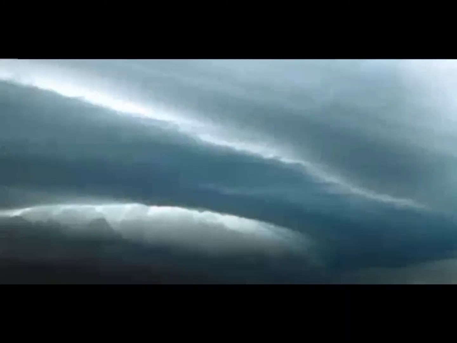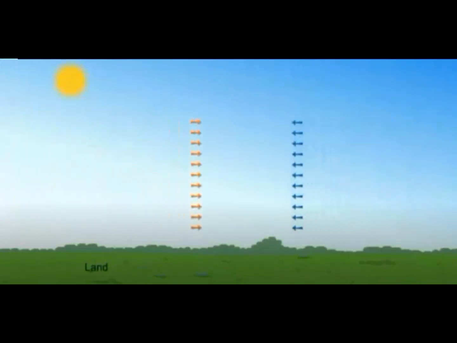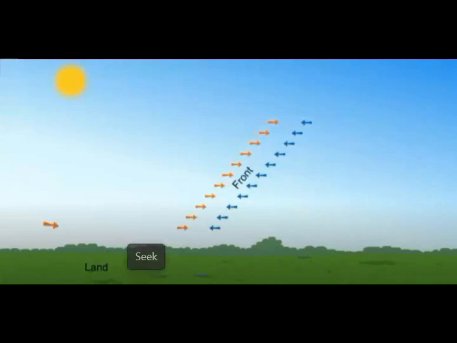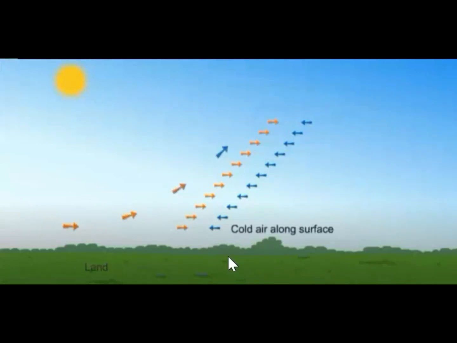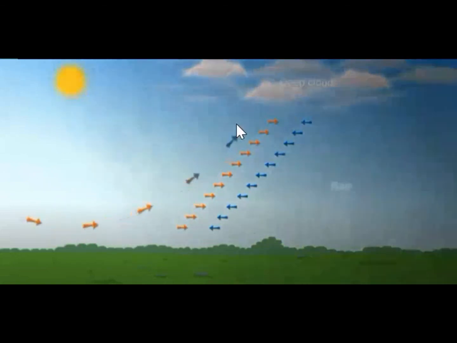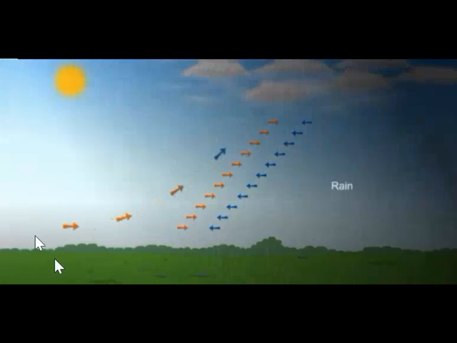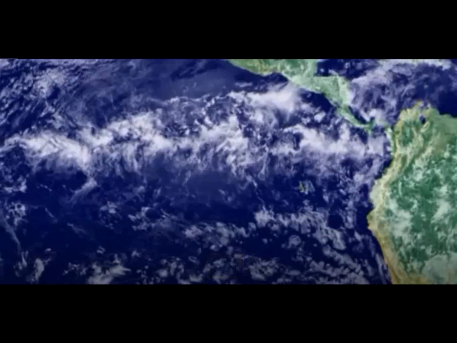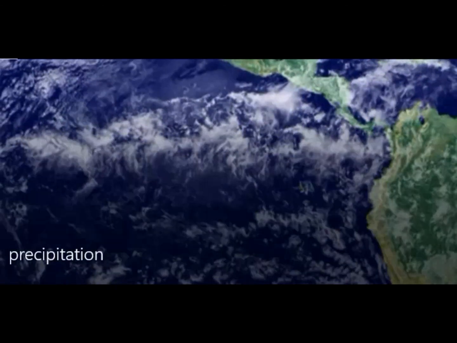Next is cyclonic rainfall. In the case of cyclonic rainfall, when warmer air meets the cold air, the warmer air gets lifted up, and a low pressure area is generated there.